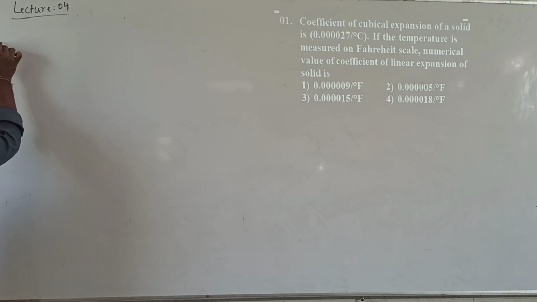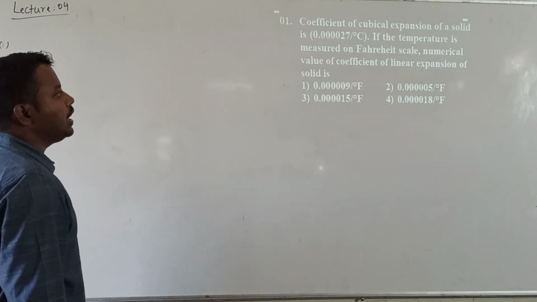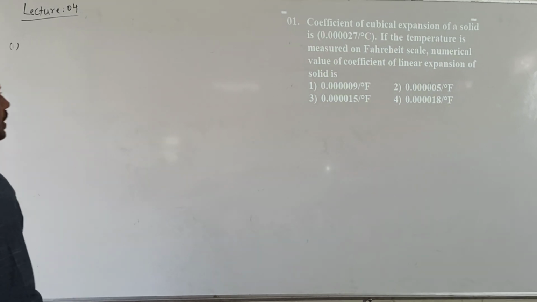In this first question, the coefficient of cubical expansion of a solid is 0.00027 per degree centigrade. The temperature is measured on the Fahrenheit scale. Find the numerical value of the coefficient of linear expansion.